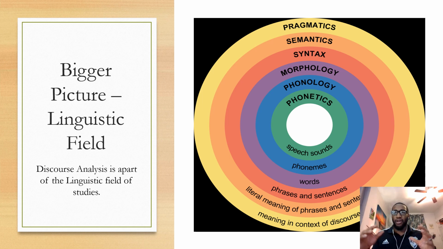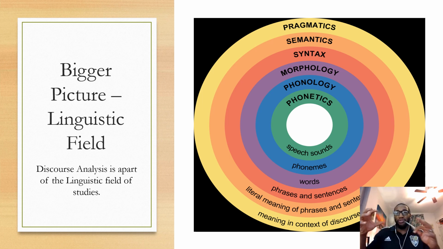Looking at the concentric circle, in the middle, we have phonetics, which is speech sound, so any sound. But then phonology has the certain sounds that people make in certain languages in certain cultures.